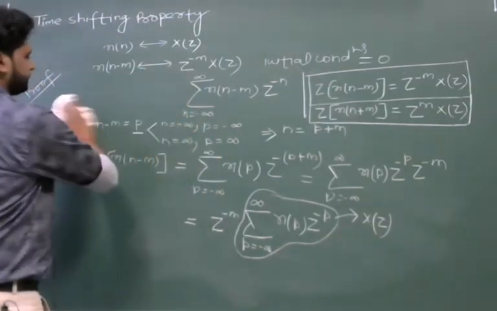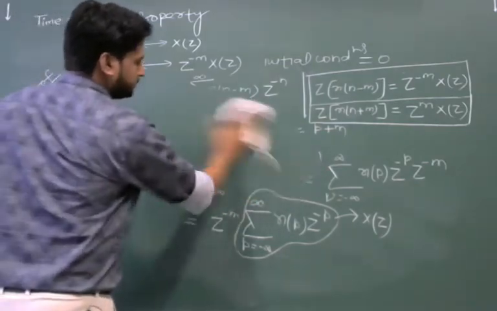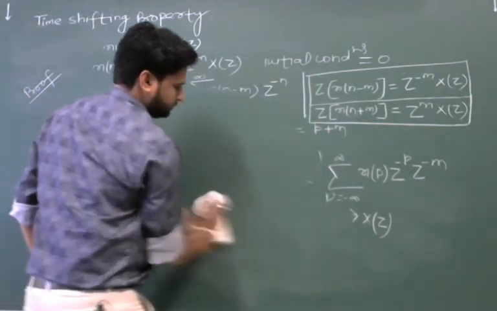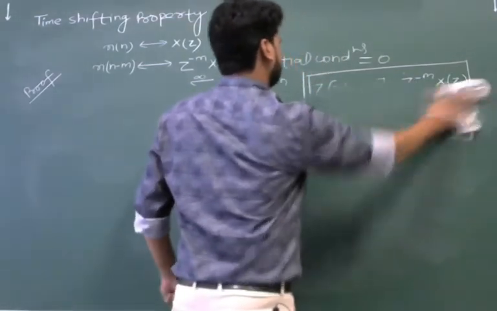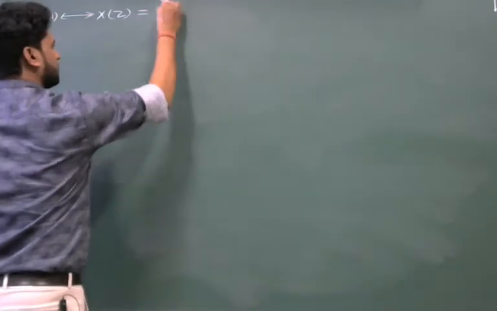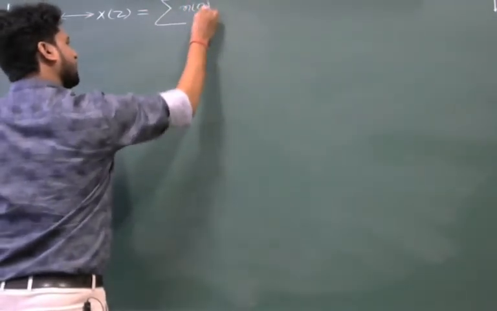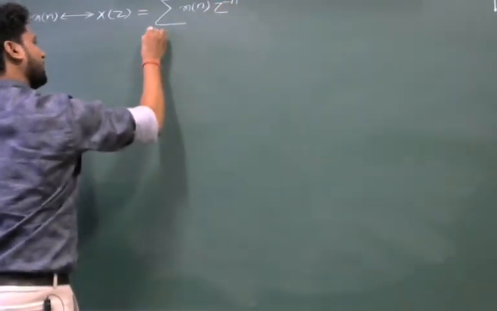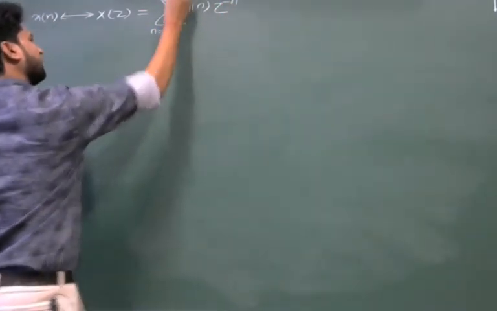In that case, suppose the z transform of x of n is given as x of z, means x of z will be equal to sigma x of n into z power minus n, where n is from minus infinite to plus infinite.